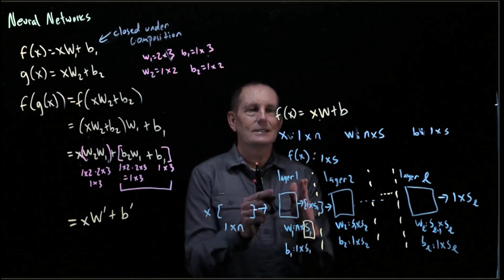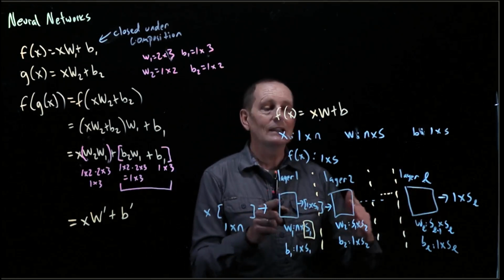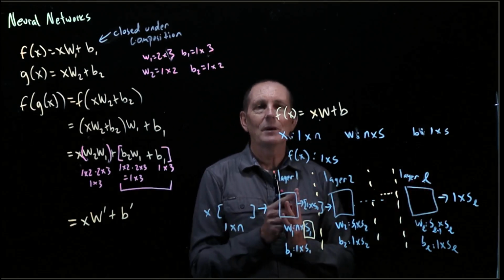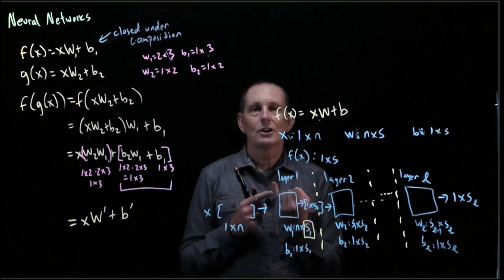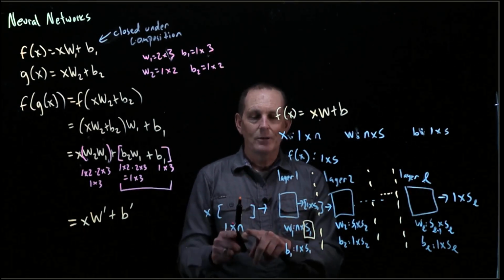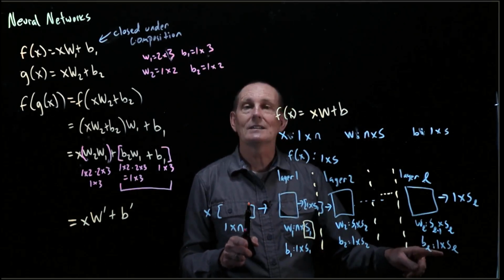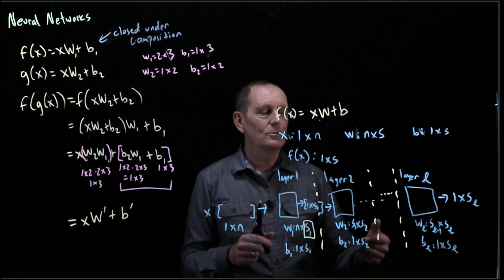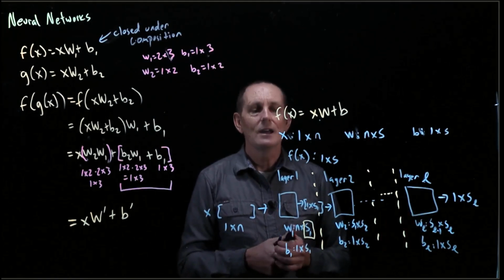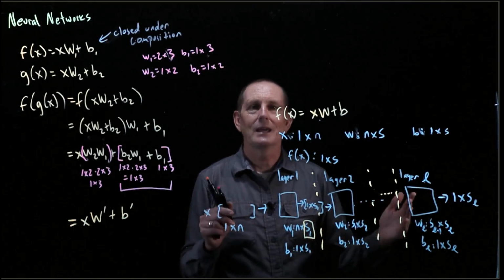What that really says is this entire set of L layers could be replaced by a single layer as long as we chose a w that was an n by s sub l size and b a 1 by s sub l size, and we had to choose the w and the b appropriately. So we don't get any more power by adding more layers.